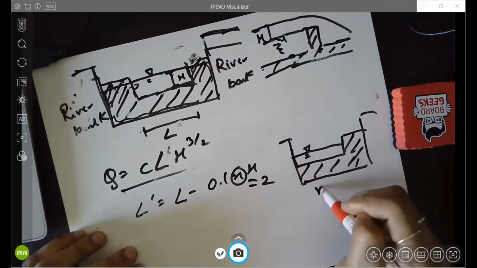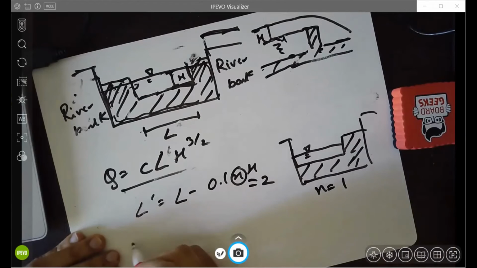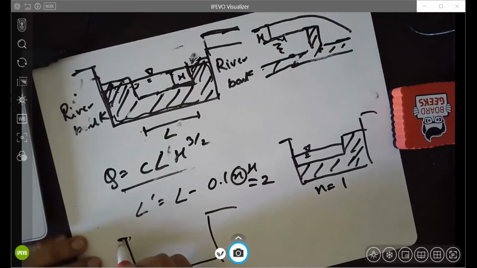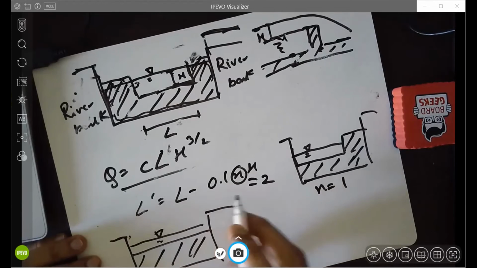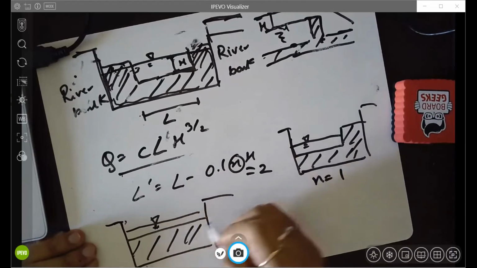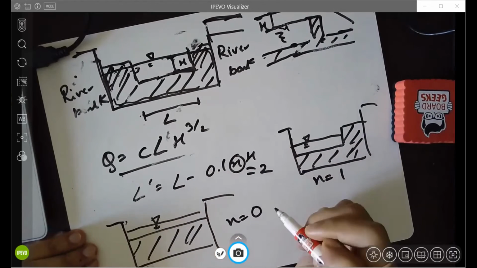So here, N is equal to 1. And if the weir is completely like this, it's just an obstruction, then N is 0.